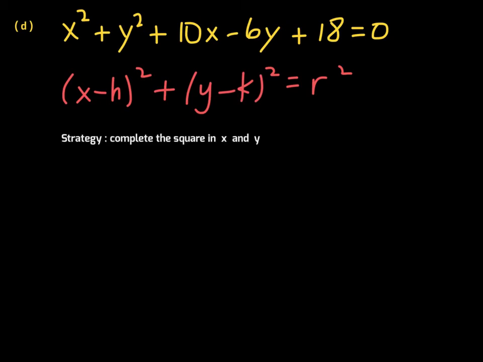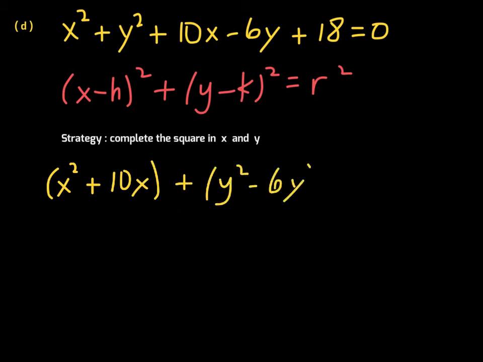In order to complete the square in x and y, the first thing I'm going to have you do is use the associative property of addition to group the x terms together and group the y terms together. While we're at it, let's move that constant, which is 18, over to the other side. So now it's negative 18.